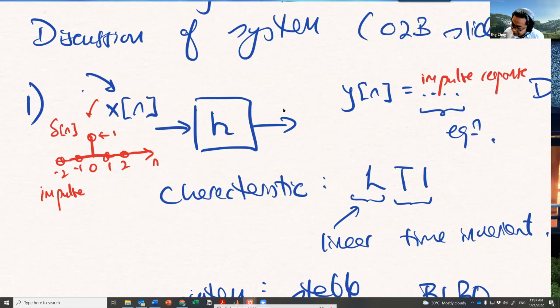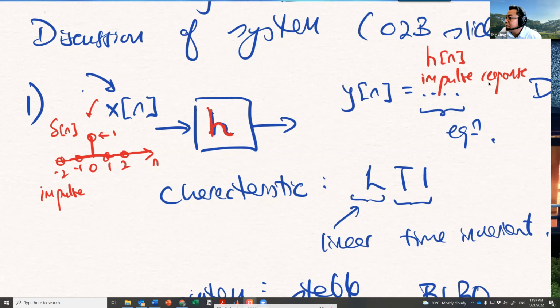And the impulse response is typically a sequence of number described by the letter H, and it is the same H here. So you'll realize that we describe a system by the impulse response. We'll send an impulse, and if this is a linear time invariant system, whatever comes out is the impulse response.